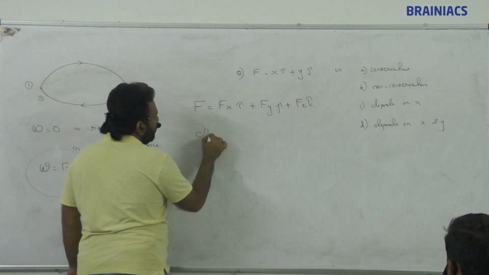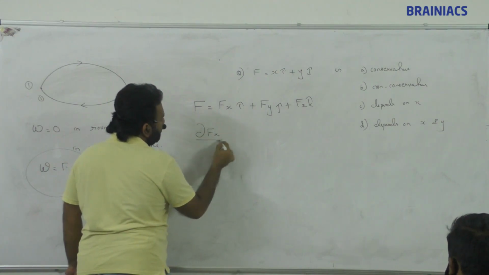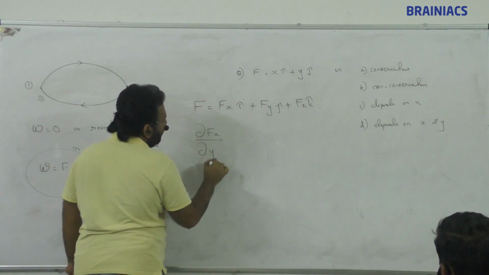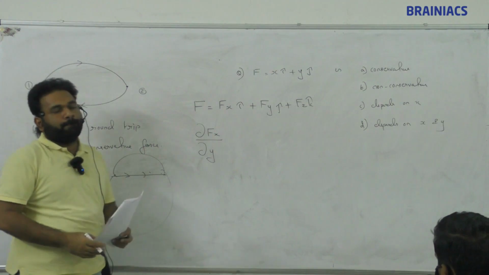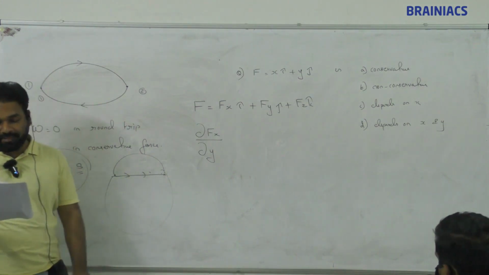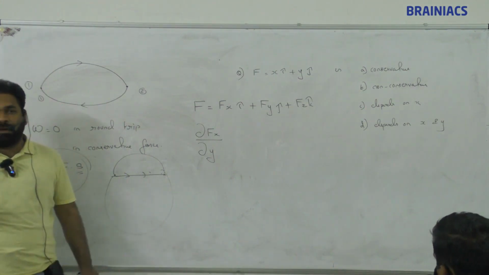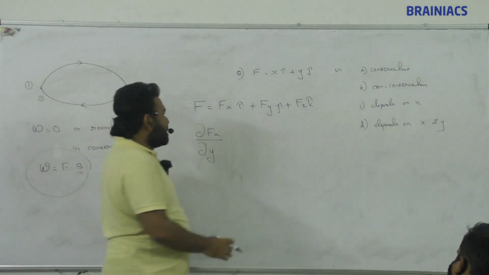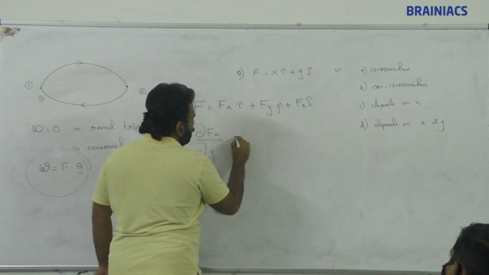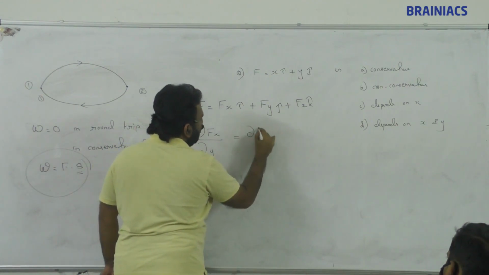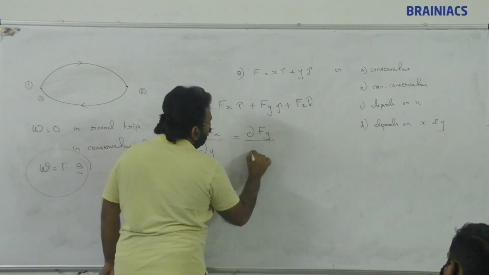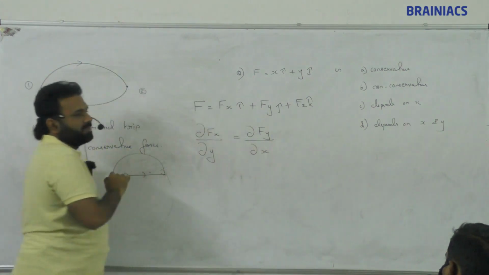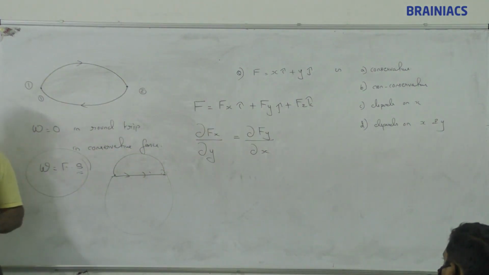Suppose we do dou Fx by dou y, differentiating the x part with respect to y, and take each one. If this is equal to dou Fy by dou x. What is the difference between d and dou?